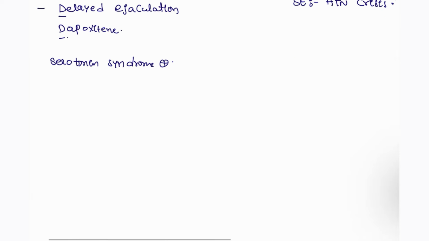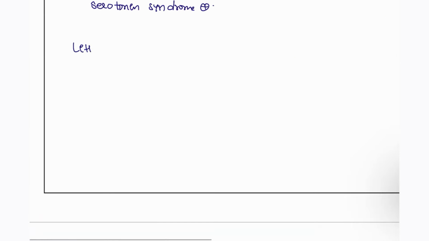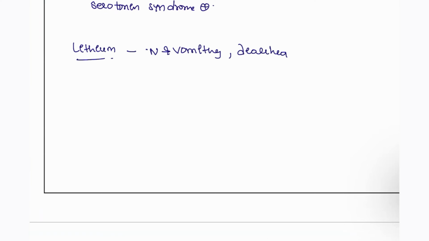Next, in depression, you have to take note of lithium, guys. Lithium has specific side effects. What are those? Nausea, vomiting, and along with that diarrhea. These are the early symptoms, but they are going to have tremors. These can start as fine, but over time they can become coarse.